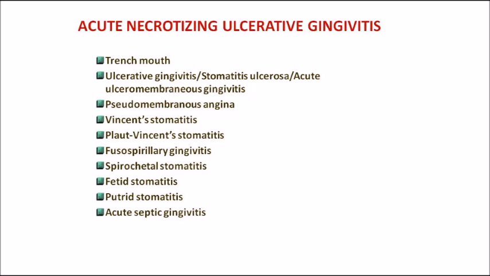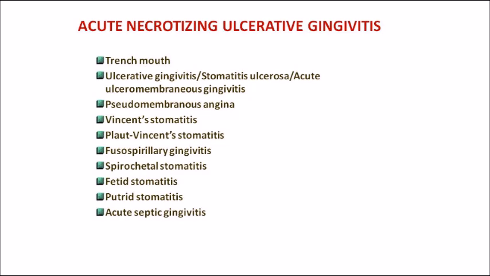Two is ulcerative gingivitis, stomatitis ulcerosa, acute ulceromembranous gingivitis, because of the ulceration that is present. Three is pseudomembranous angina, a pseudomembranous condition with pain. Four is Vincent's stomatitis, named after the author.